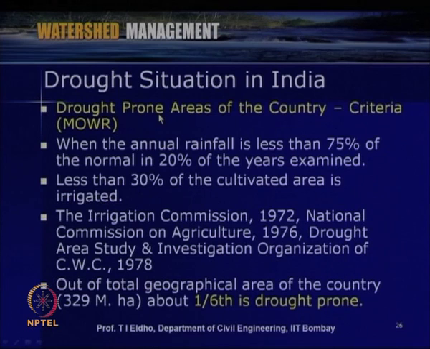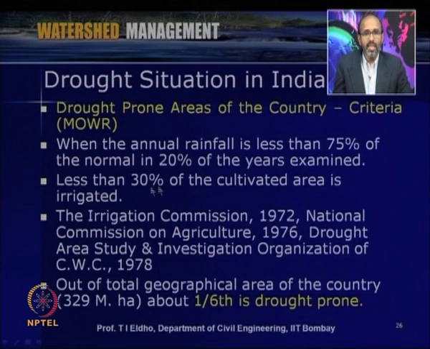Large drought problems have been reported in the last century. Some of the criteria used by the Ministry of Water Resources to identify the drought prone areas of the country are: when the annual rainfall is less than 75% of the normal in 20% of the years examined, and when less than 30% of the cultivated area is irrigated.